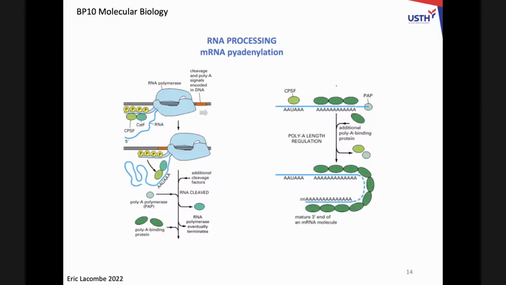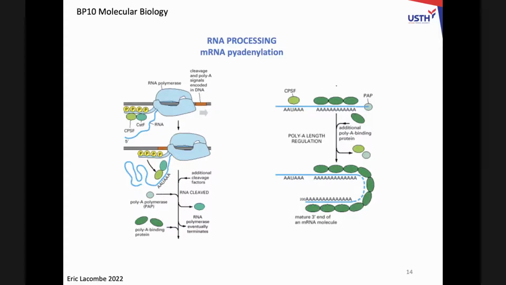So basically, the size of the poly-A tail will be more or less proportional to the number of cycles of translation. Okay, so the poly-A tail has multiple uses. It stabilizes the RNA, but it's also implicated in the quantity of translation of the RNA. But we won't study that here.